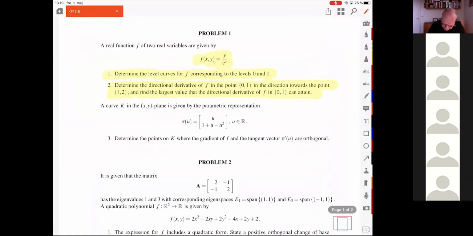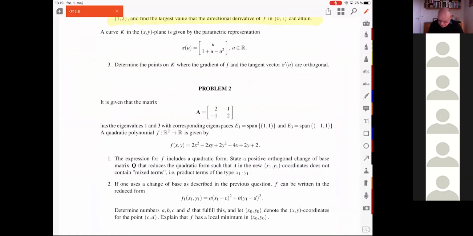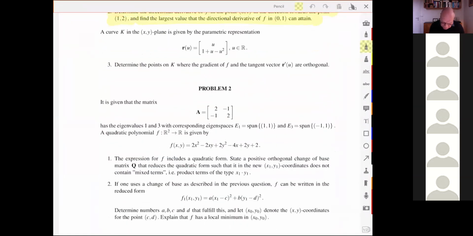So let me look at problem 2. In problem 2, you are given a matrix, this one, and it has the eigenvalues 1 and 3, so you know this. And also each of these eigenvalues have eigenvectors.